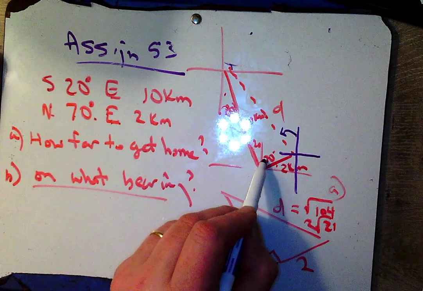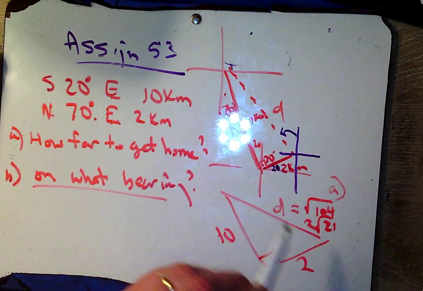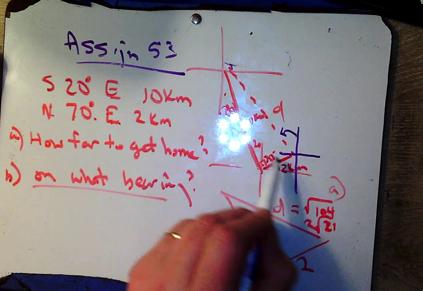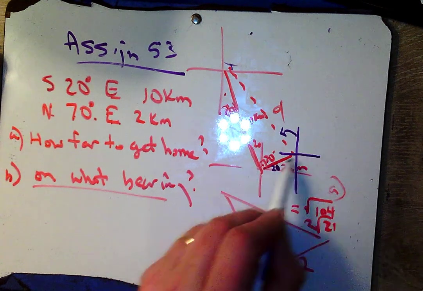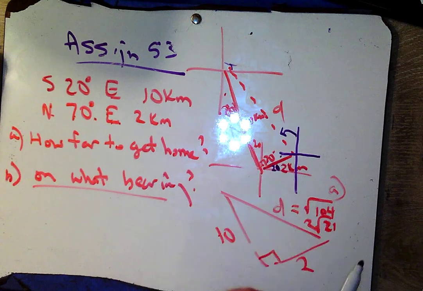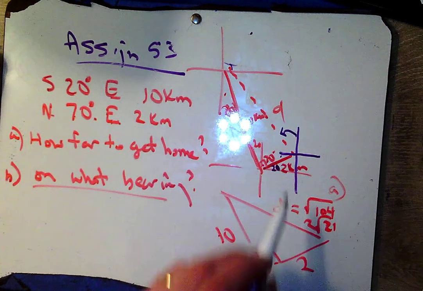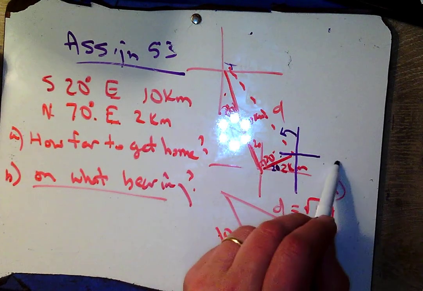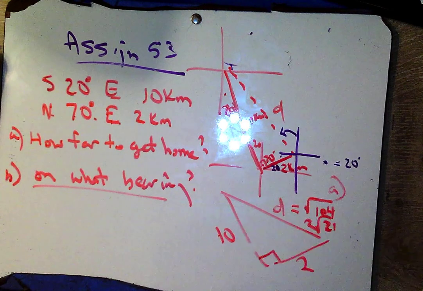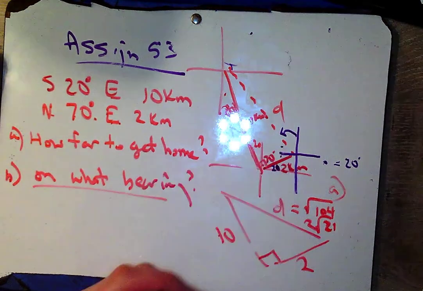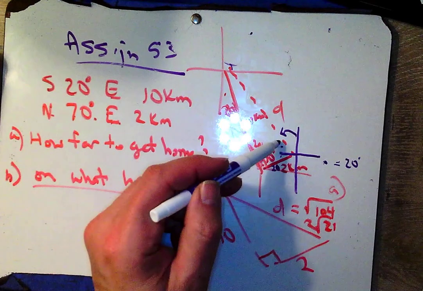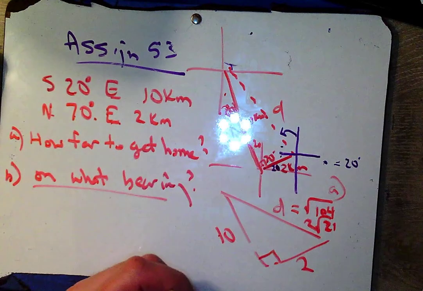Well, if that's 70, that's 20. And because these lines are parallel, and there's my transversal, that little bit where that dot is, that's also 20 degrees. If only I knew how big that was, I could add those two dots together to get that whole angle.